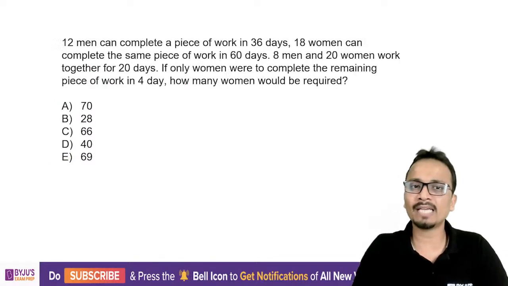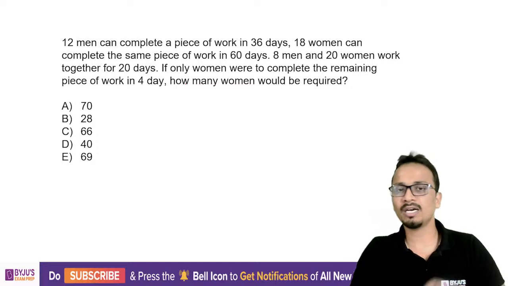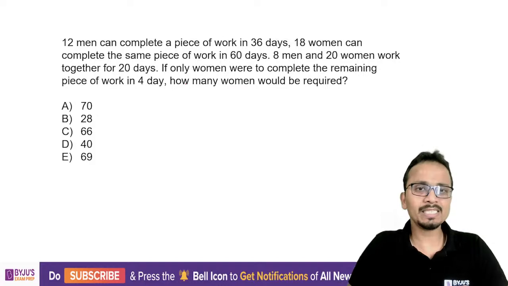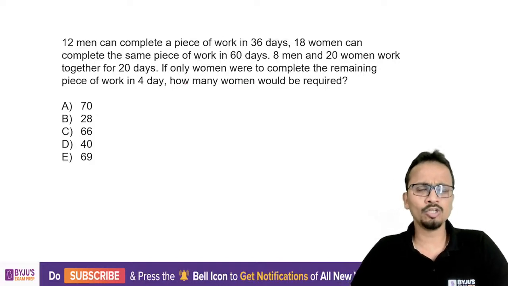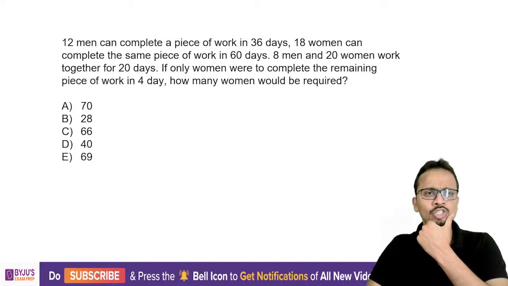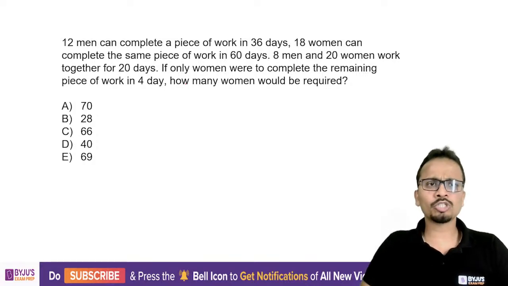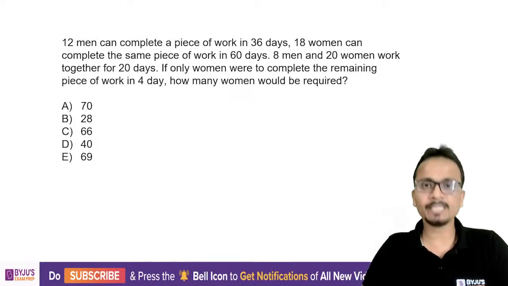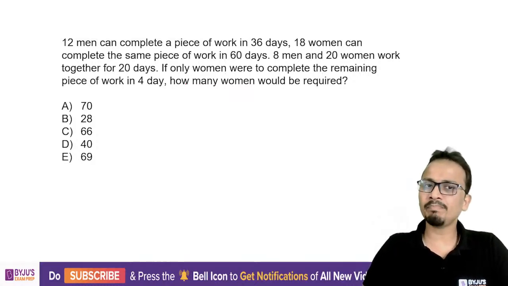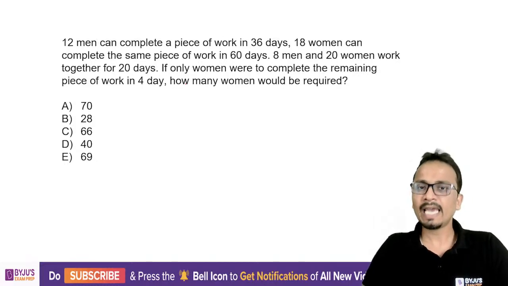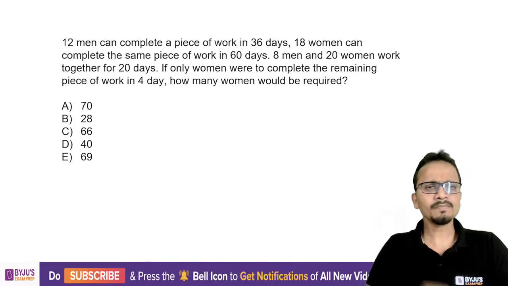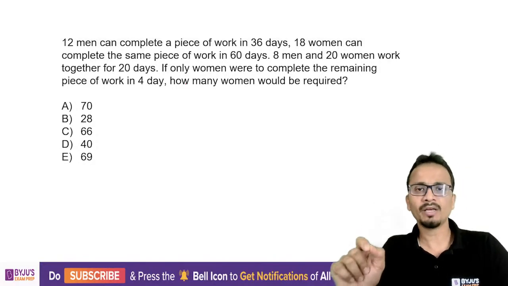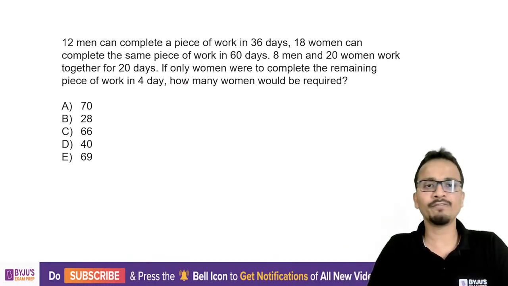Let's move ahead and look at the next question from time and work, arithmetic, quant. The question is pretty easy. Do it in a normal way, the way you deal with the questions of time and work. So the question says that 12 men can complete a piece of work in 36 days. 18 women can complete the same piece of work in 60 days. 8 men and 20 women work together for 20 days, after which only women were to complete the remaining piece of work in 4 days.